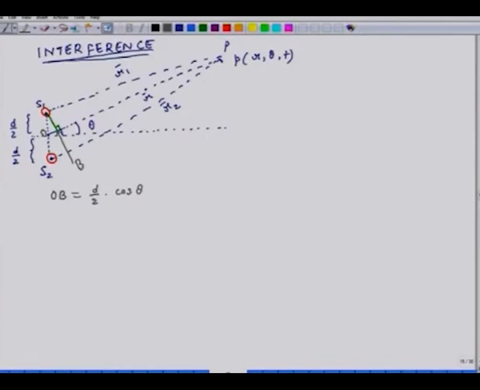So, the base of this triangle, which is OB, is d over 2 times cosine of theta.